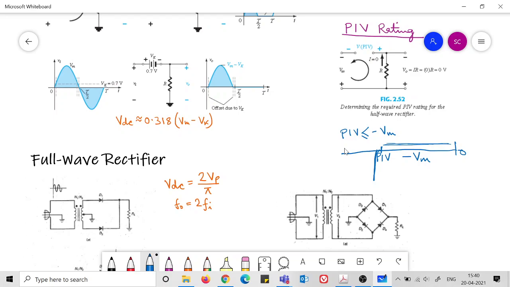The PIV can be any value less than minus Vm. Suppose your Vm, given here from the input side, is 10 volt. So Vm is 10, and your PIV must be less than minus 10.